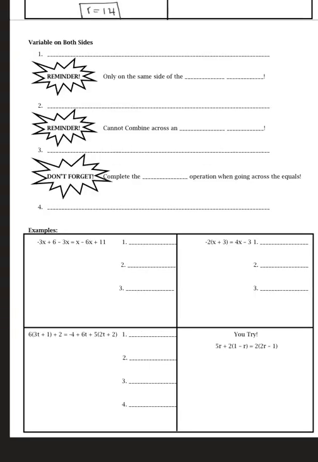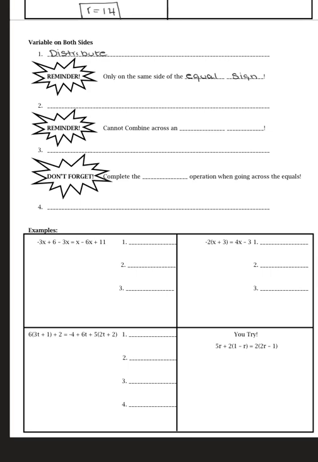All right, so next we're going to take a look at when we have variables on both sides. The first thing, again, of course, is we're going to distribute, if necessary. And we're only going to distribute on the same side of the equal sign. So you're going to look at the left and the right side of the equal sign separately and distribute on either side, if necessary.